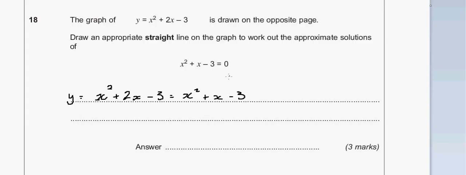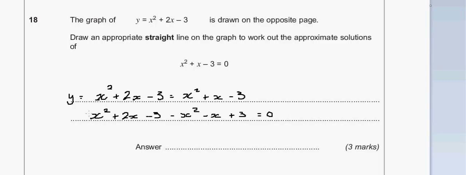All quadratics equal 0, so I need to move everything here over to here. So I would have x squared plus 2x minus 3 minus x squared, because it's come over, minus x plus 3. And that would equal 0.